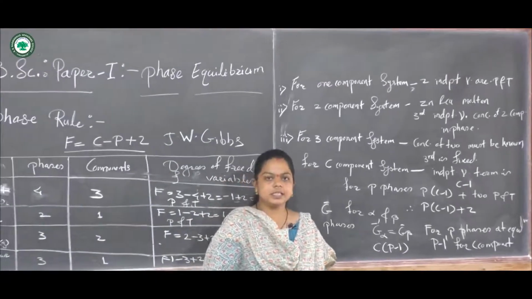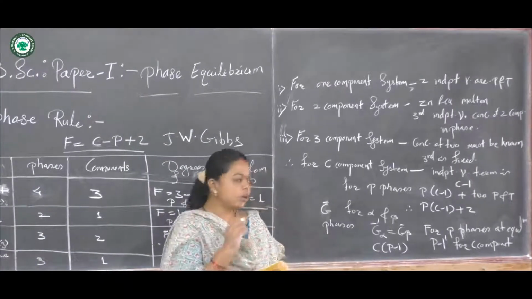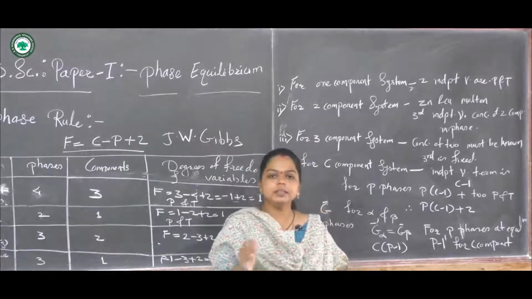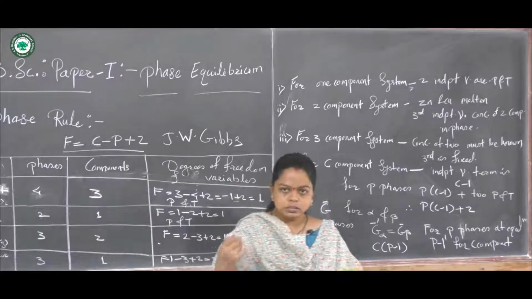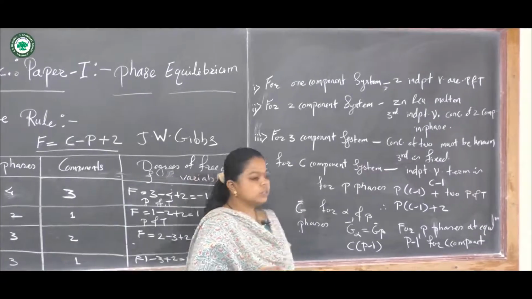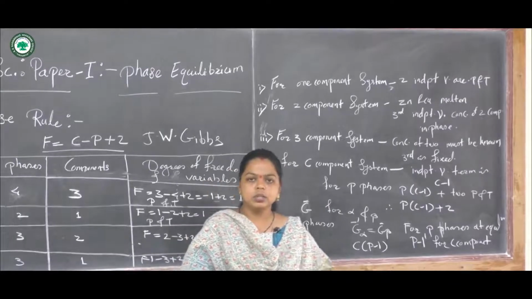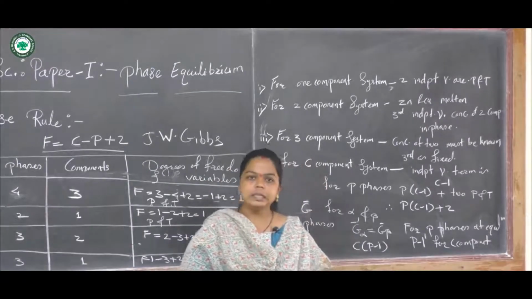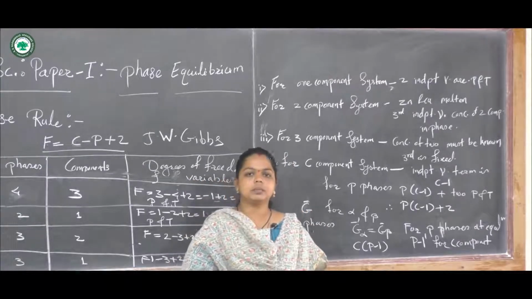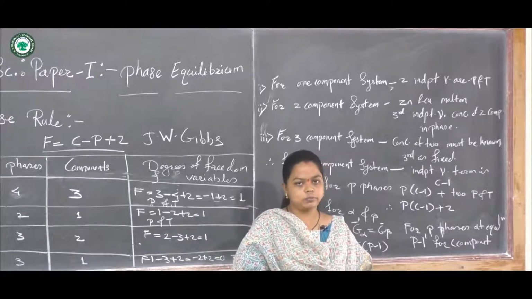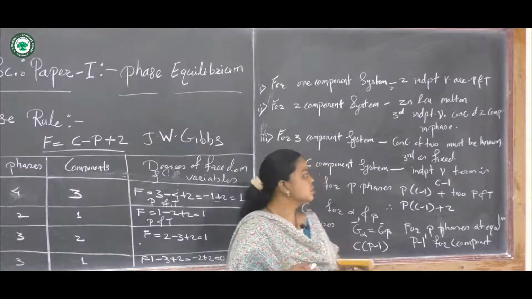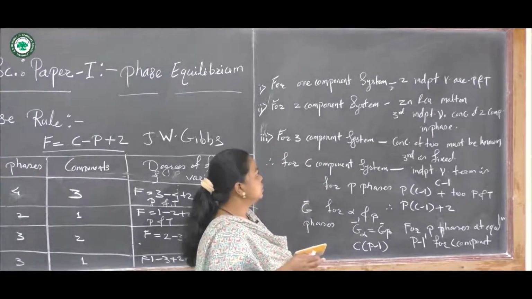Now consider the case where one component is present in the system. For a one component system, two independent variables can be given, which are temperature and pressure. If we consider a two component system, for example zinc and copper metal, present in the molten form, they are melted and combined together, and they will form a bivariant system. They have two components.